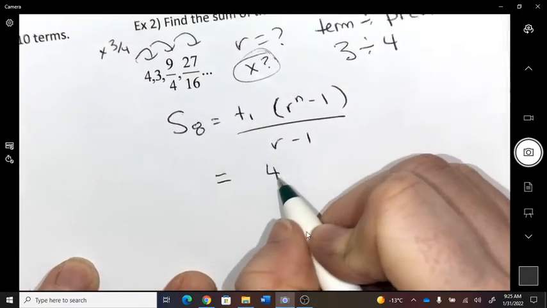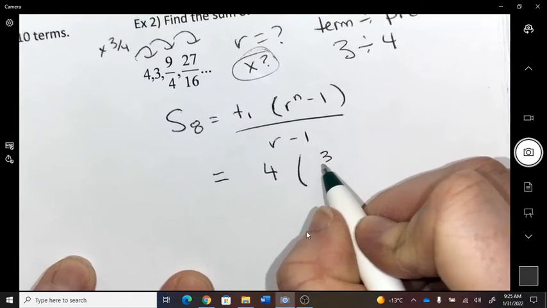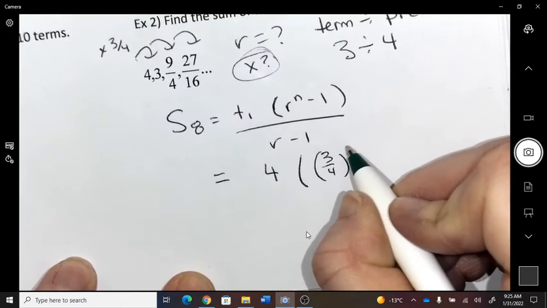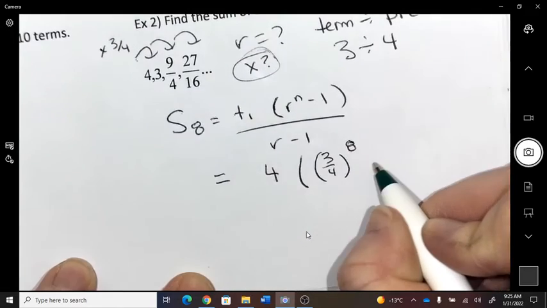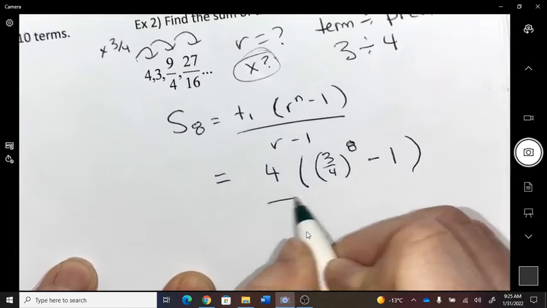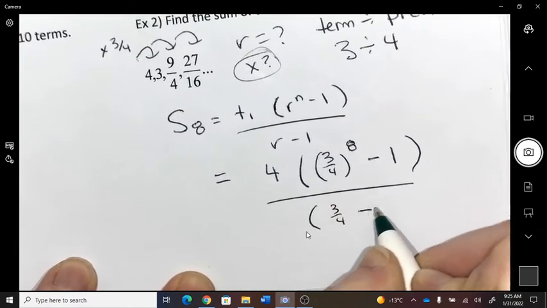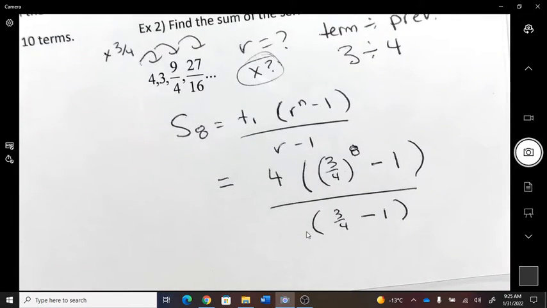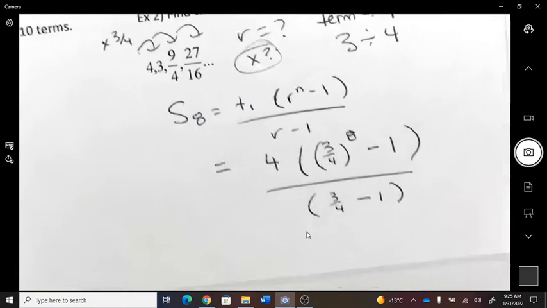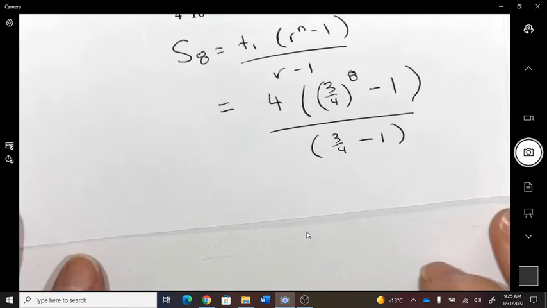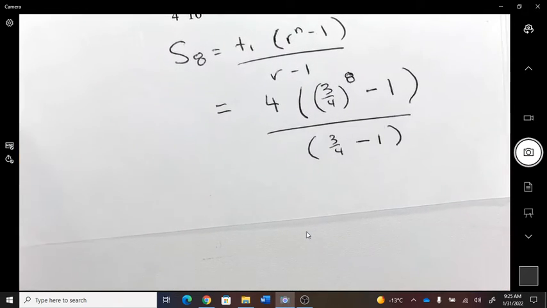Term 1 is 4. R is 3/4 to the 8th. Okay, so again, do all the brackets that you would see on my paper.